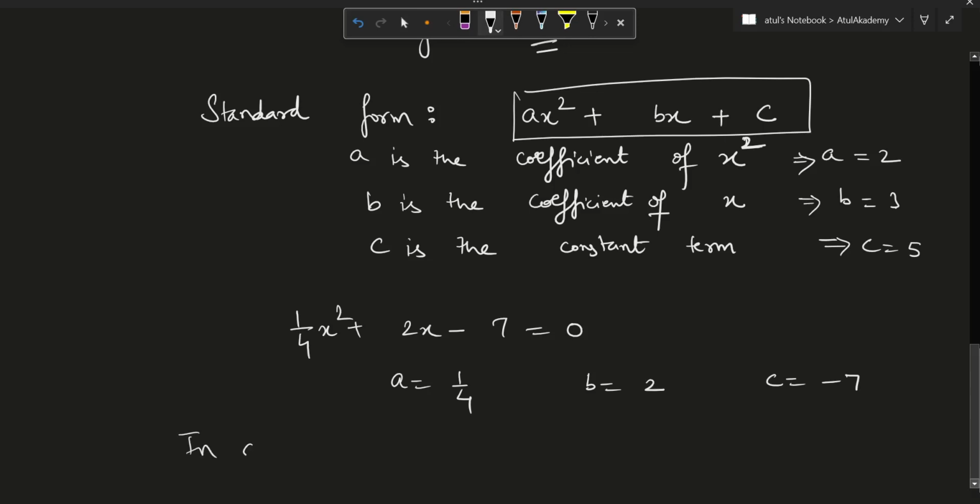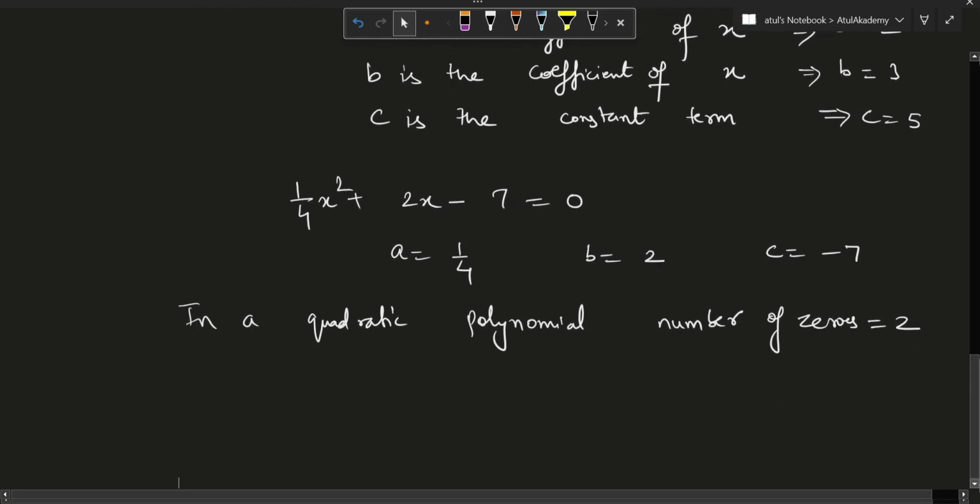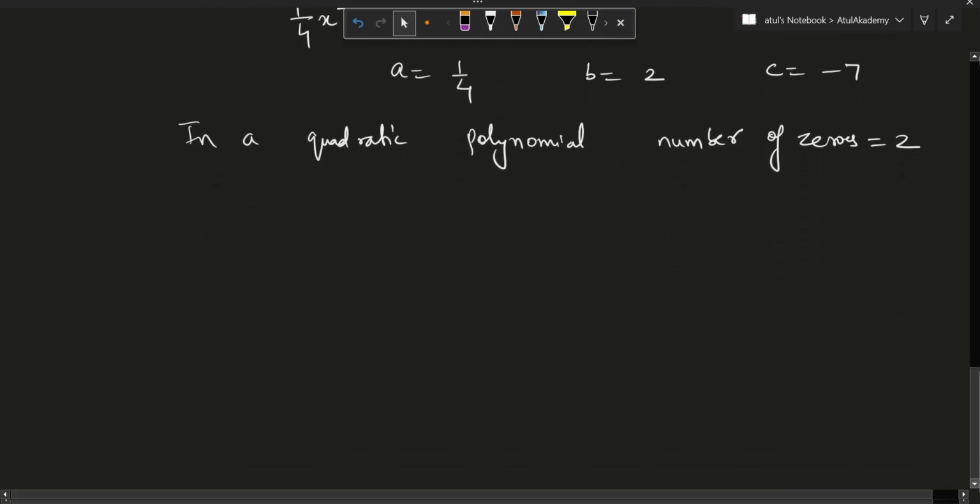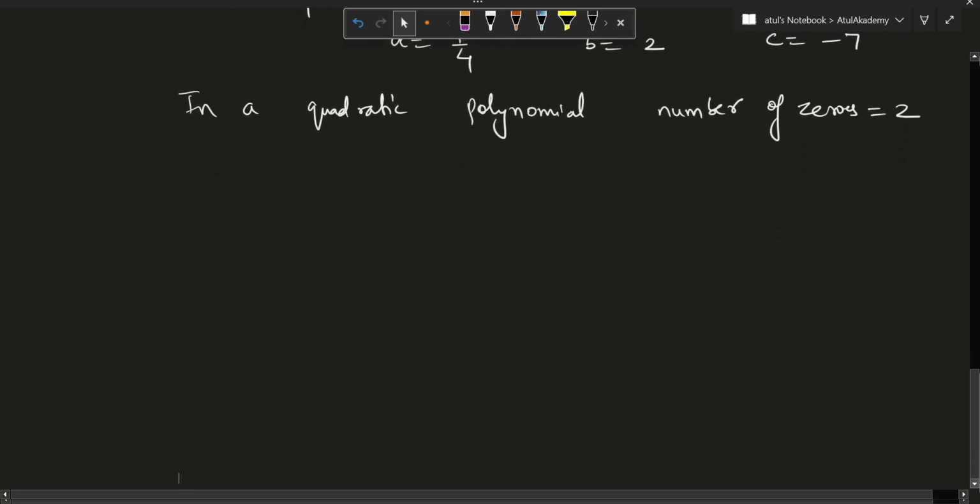So in a quadratic polynomial, the number of zeros is 2. In your 8th grade, you have learned how to factorize a quadratic polynomial by middle term splitting.